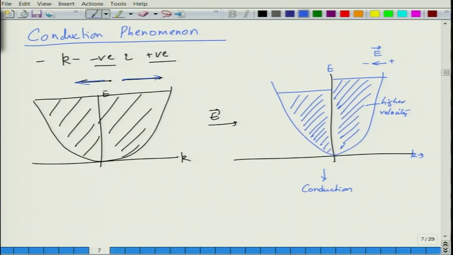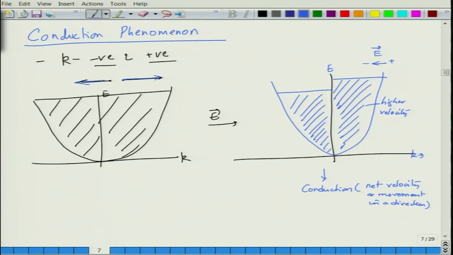So, as a result you will have net velocity, or movement, in a direction, and this is what gives rise to conduction.